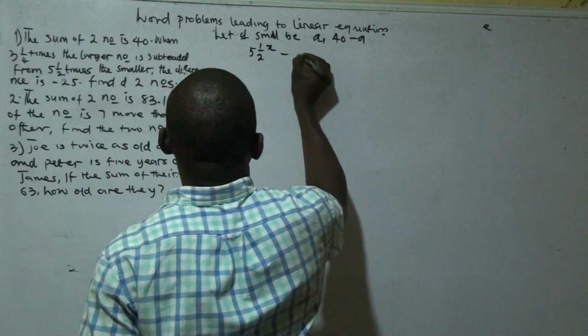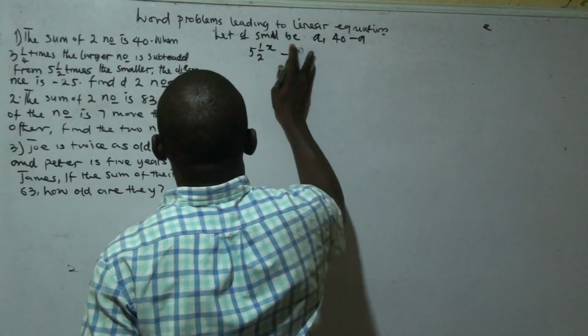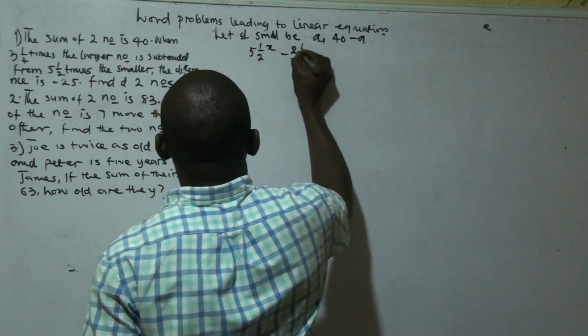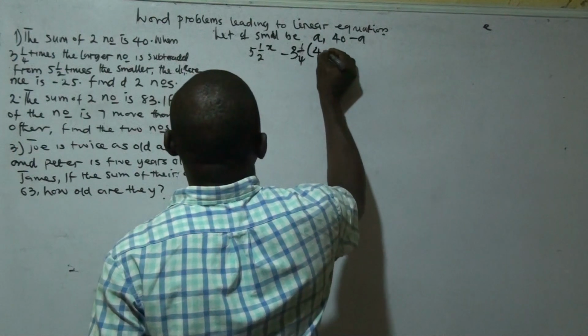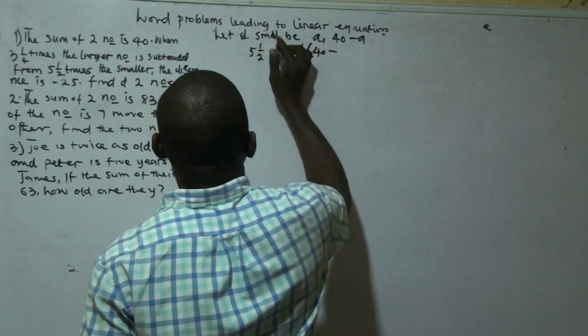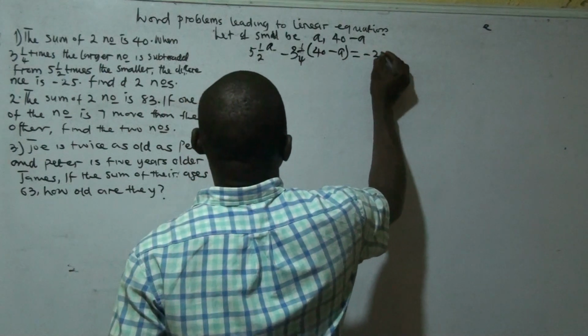That is to say, 5.5 A minus 3/4 of the larger number, 40 minus A, is equal to minus 25.